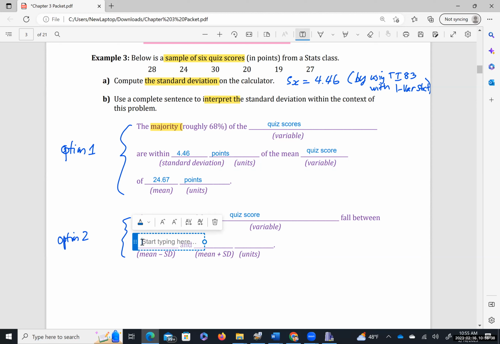I mean, you can do 24 point... Let's make this more here. Between, actually, I'm going to do the outside limit: 24.67 minus the standard deviation here, 4.46. So what is that equal to?